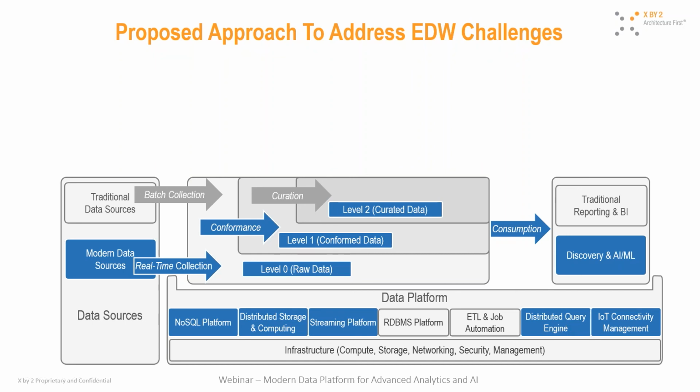You still have room for ETL and job automation because some level of ETL and data movement is still needed. However, there is a very important piece of this architecture that makes ETL, for example, less critical. And what is that? That is the distributed query engine, right? This is an engine that can work across sources, across different levels of storage, across different technologies, for example, between NoSQL and RDBMS, and still provide a unified interface from a consumption standpoint.